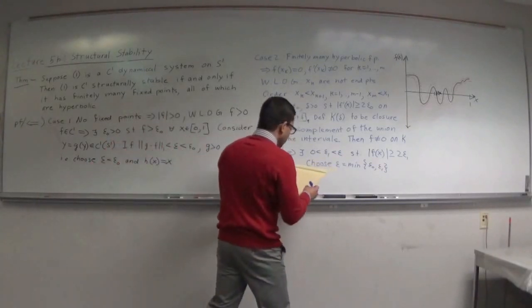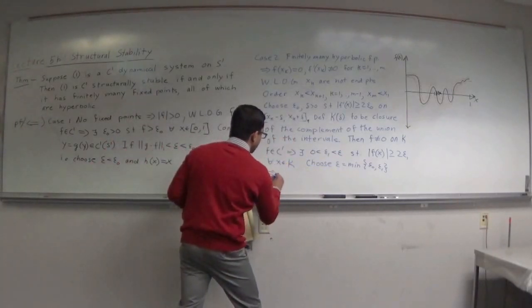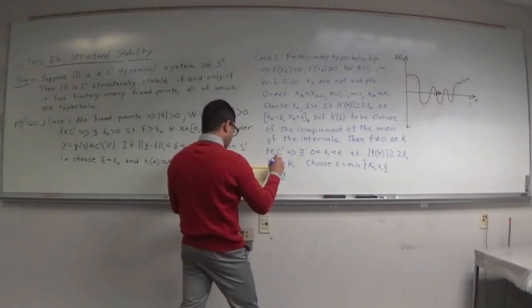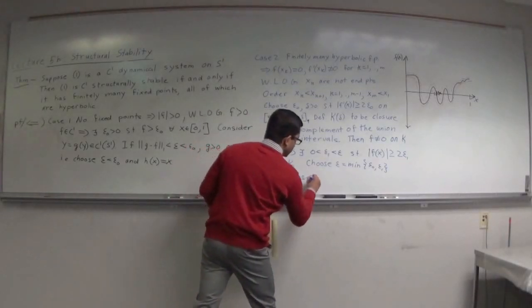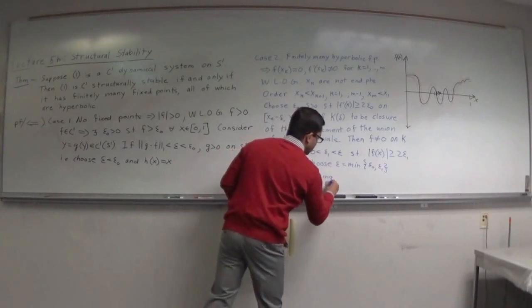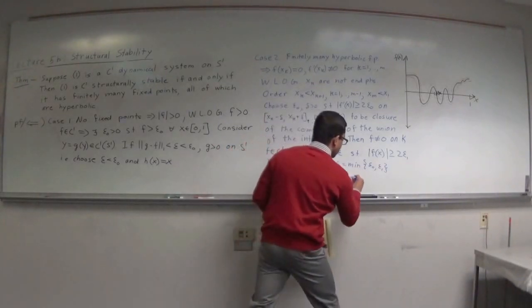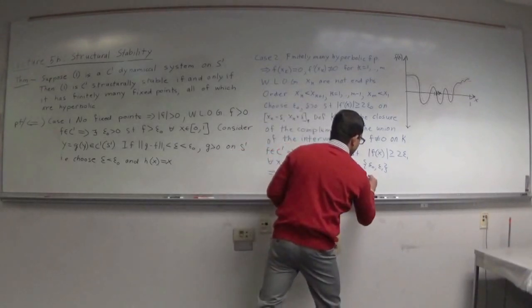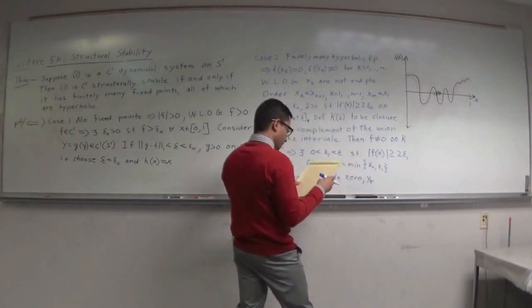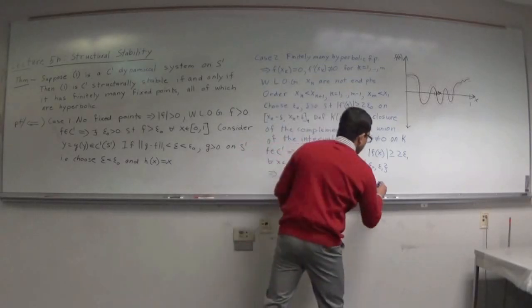So then this means that g has a single zero, y_k, on each of these intervals.